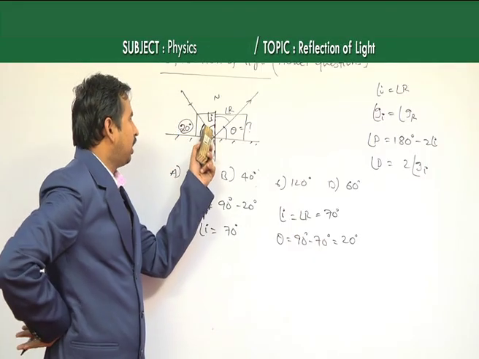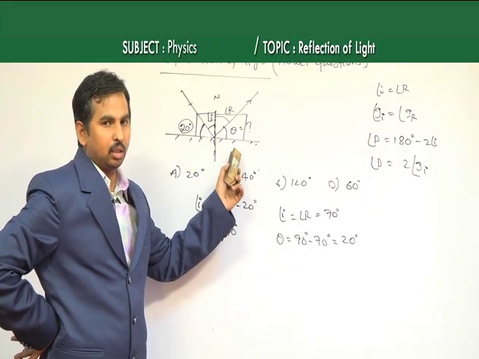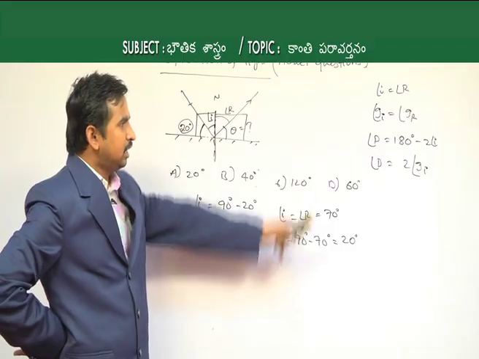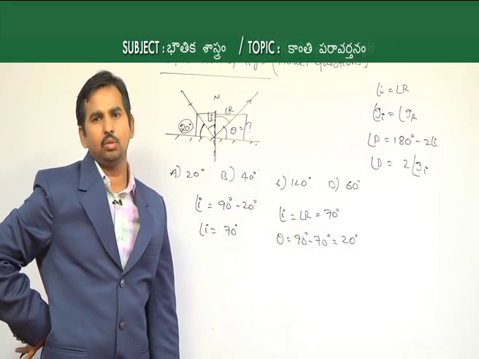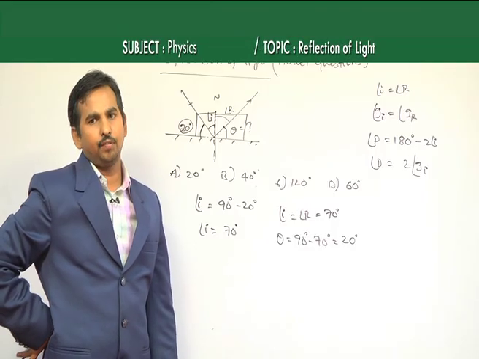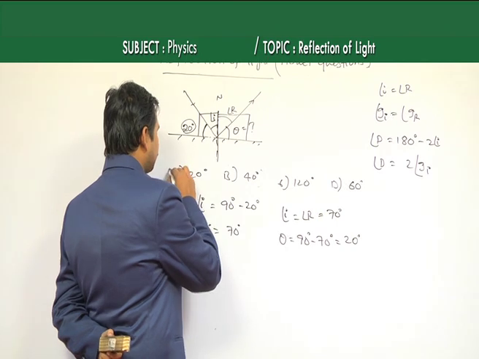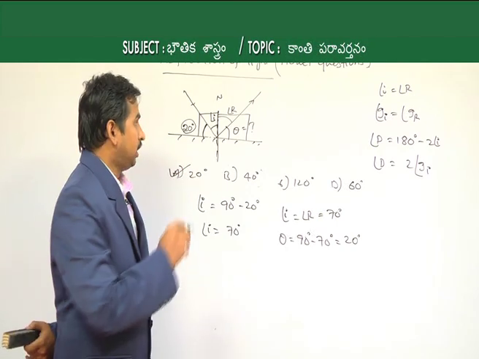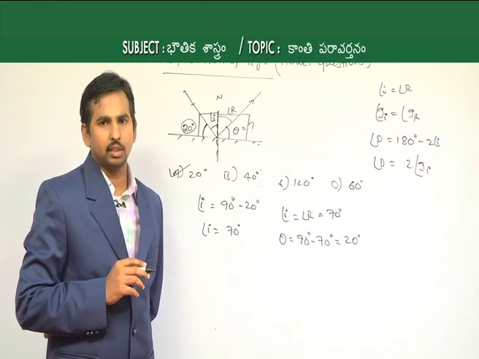This angle we call the glancing angle of incidence, and this angle theta we call the glancing angle of reflection, which means the glancing angle of incidence is equal to the glancing angle of reflection. So the final answer is A, the glancing angle of reflection theta is equal to 20 degrees.